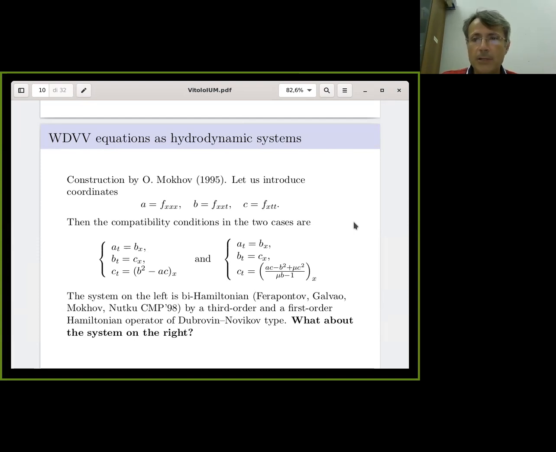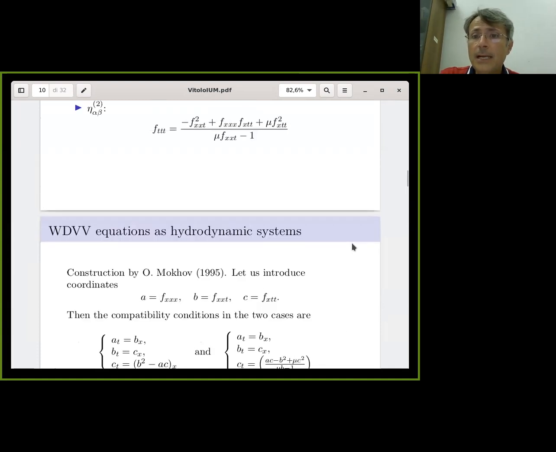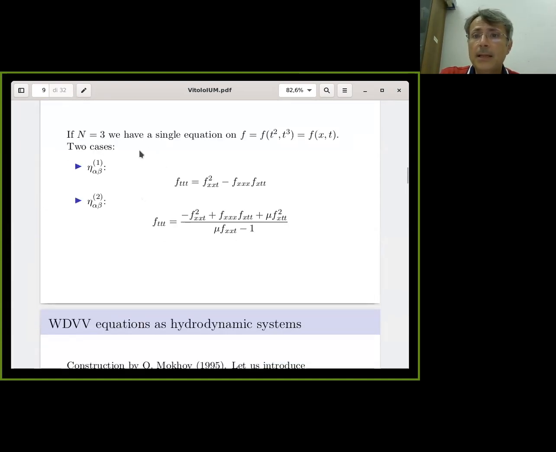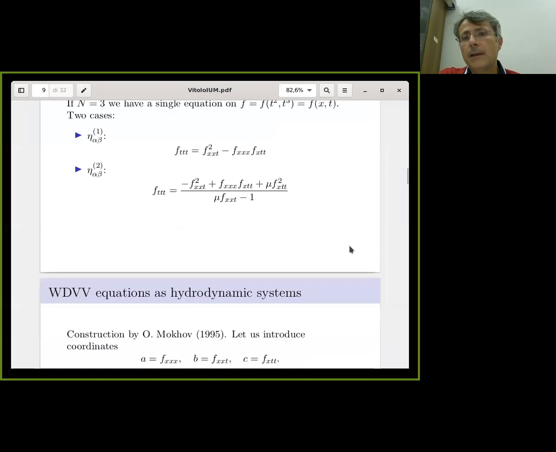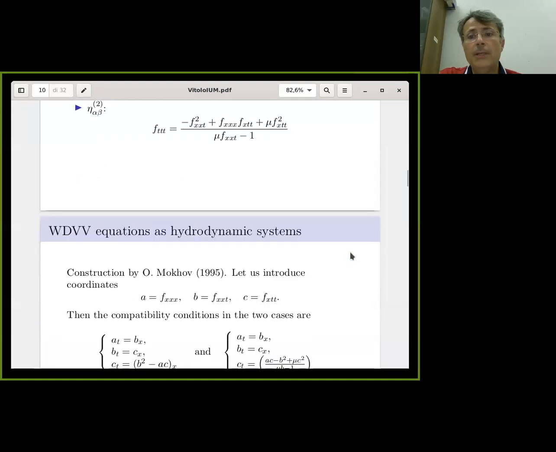Here in this language, in order to simplify things, x is T2 and t is T3. So these are the remaining variables. We are in the case of capital N equals 3. So you see that T2 is x and T3 is t in the unknown tail of the WDVV potential F.